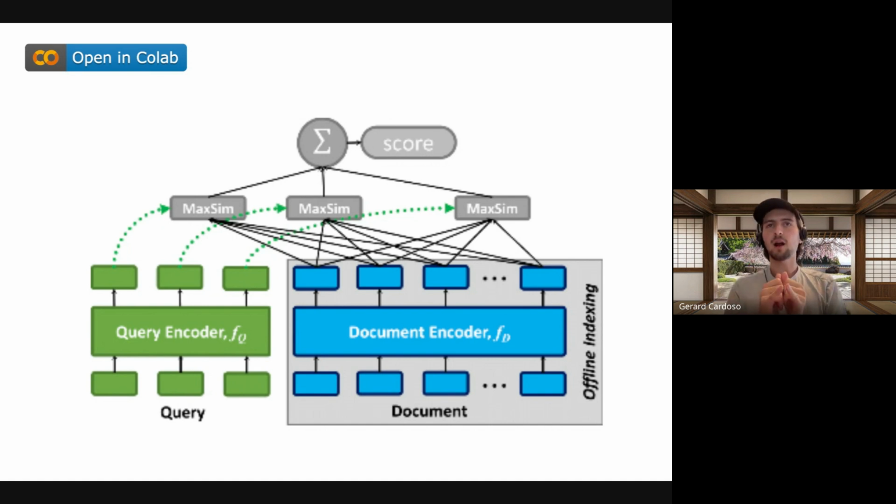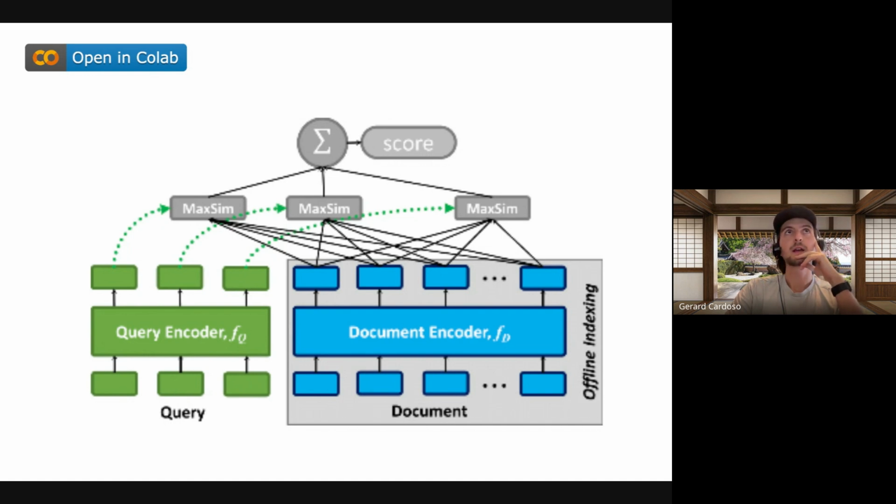For late interaction, actually, you take each token of the query and each token of the document, and you embed them. Then for each query token, you find the max similarity over all of the document tokens. And you do this for each query token, and you sum it all up.